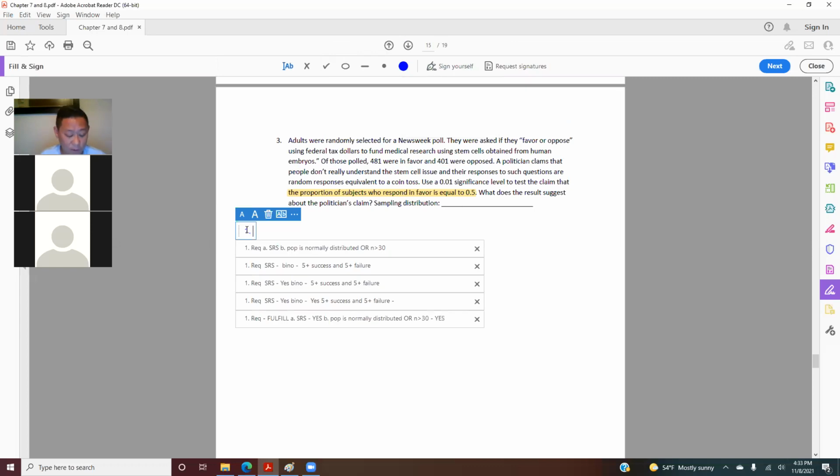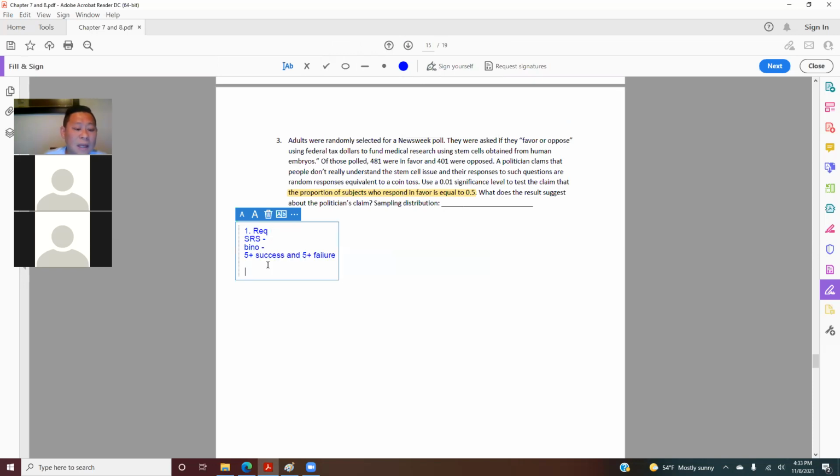So the first step we need to do in this case is the requirement check. The requirement check here is: simple random sample, a binomial, and at least 5 successes and 5 failures. This is your first requirement check.